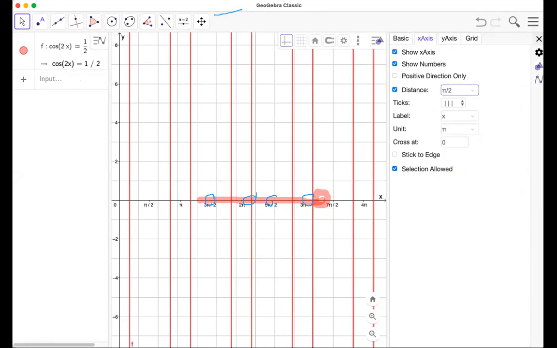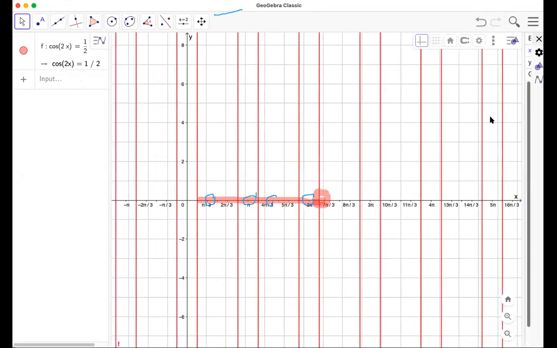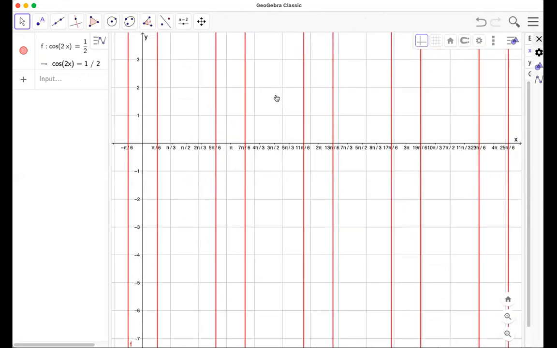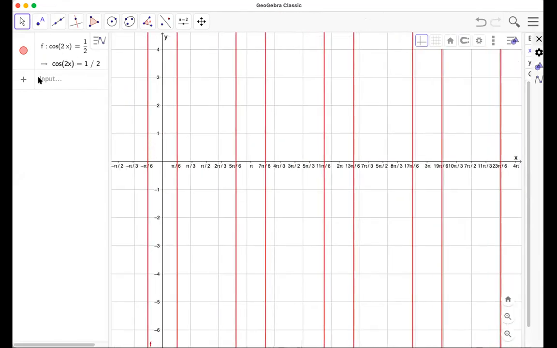So, let's say pi over 6. Okay, let me erase everything and let's identify it again. And again, it should come from 0 to 2 pi. And let's identify the answers. So pi over 6, 5 pi over 6, 7 pi over 6, and 11 pi over 6.